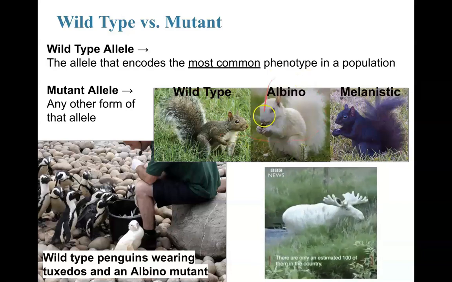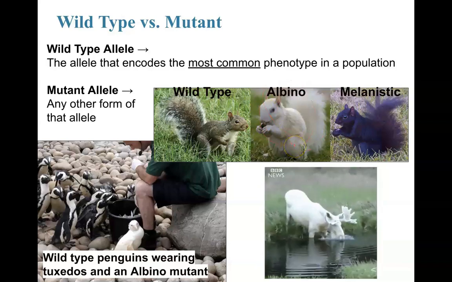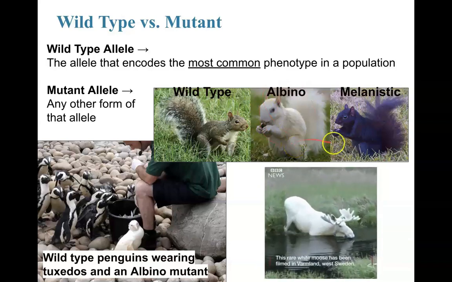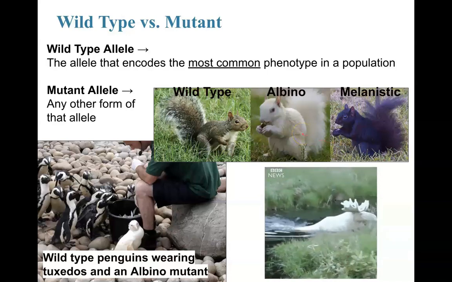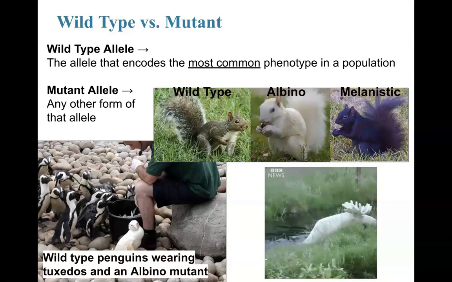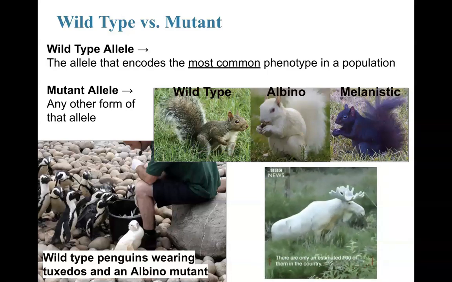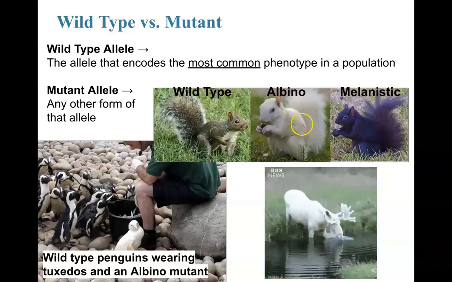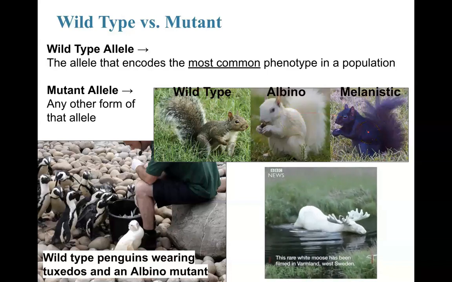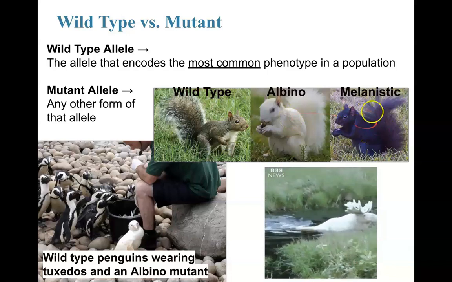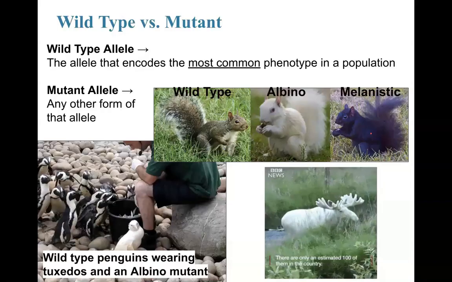Here I have the albino version, where we have albinism being shown. Albinism is just not producing the melanin pigment that we produce in order to show a certain color. That's a mutant allele. Or we can have this other mutant, the melanistic mutant, where we're showing a hyperpigmentation of that color. That's a mutant version of that organism.